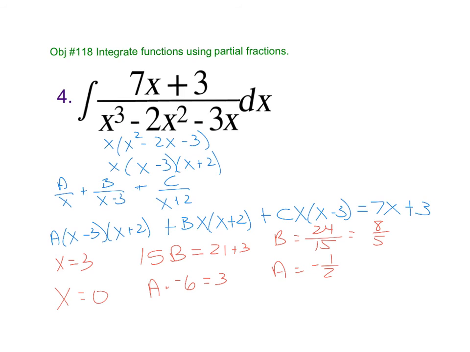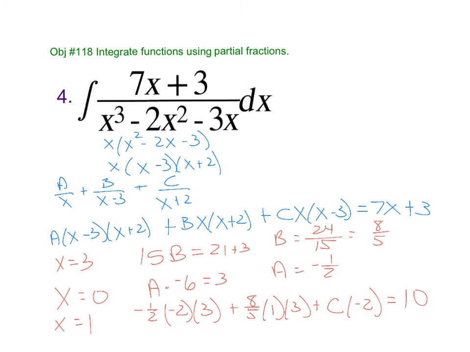And then lastly, what do we want to do? No matter what we pick, it's going to be gross. I don't know. Let's do 1. It still might be gross. All right. So a is negative 1/2. So negative 1/2 times negative 2 times 3 plus b, which is 8 over 5 times 1 times 3, and then c times negative 2 equals 10.